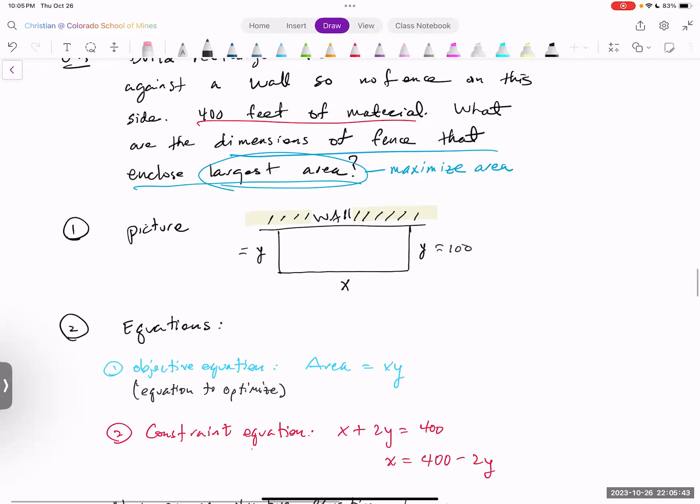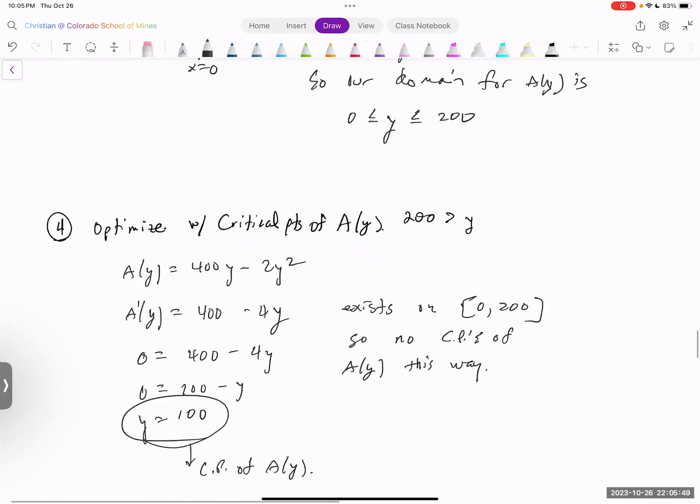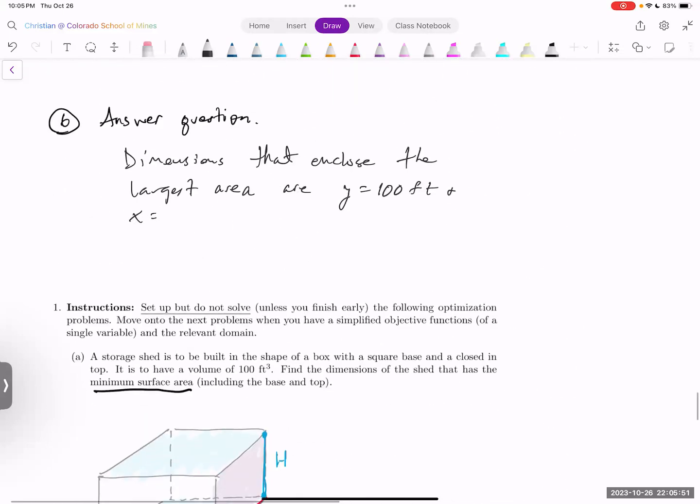That means 200 is left out of our 400. So x is going to be 200. Back down here, x equals 200 feet. Notice it did not ask us for the max area. It was just asking us for the dimensions, which we listed. If you wanted the max area, you would need to calculate A of 100 and compute that.